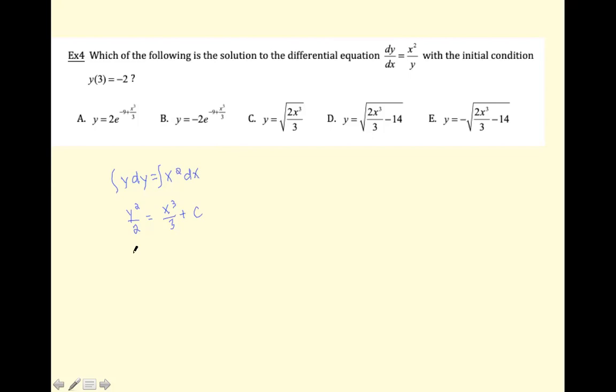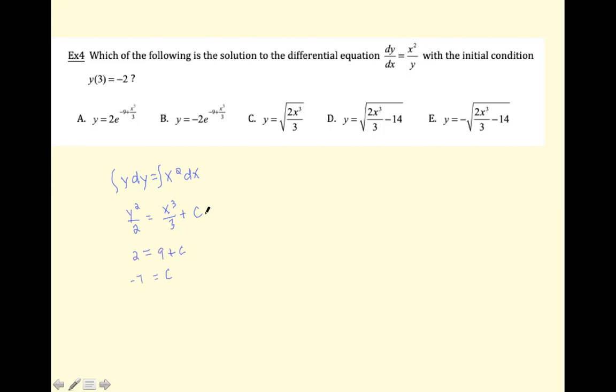I have y squared over 2. We're doing when x is 3, y is -2. So -2 squared would be 4, divided by 2 is 2, equals 3 cubed is 27, divided by 3 is 9, plus c. So my c in this case is equal to -7.